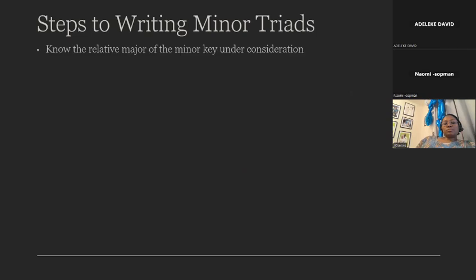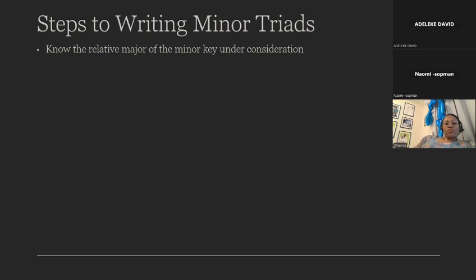Now, the steps to writing minor triads, because we are looking at triads and minor scales. The first thing is to know the relative major of the minor key under consideration. For example, what is the relative major of A minor? That's a question.